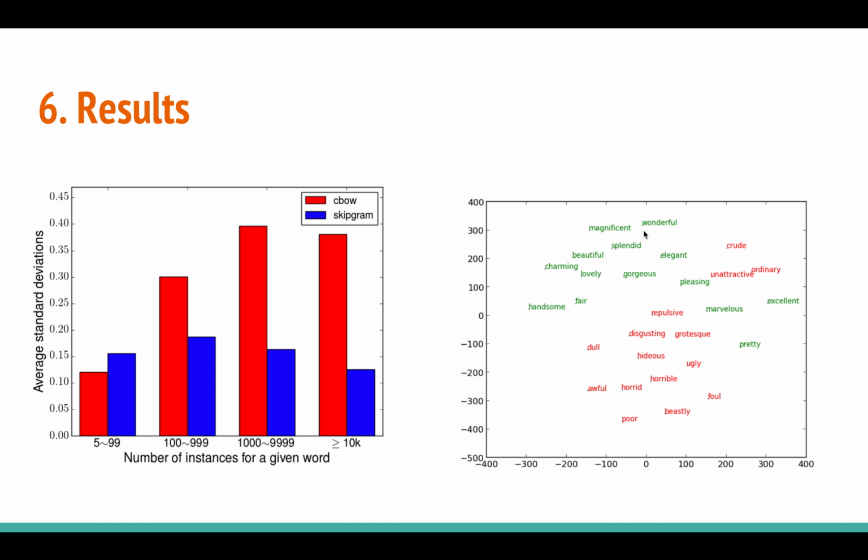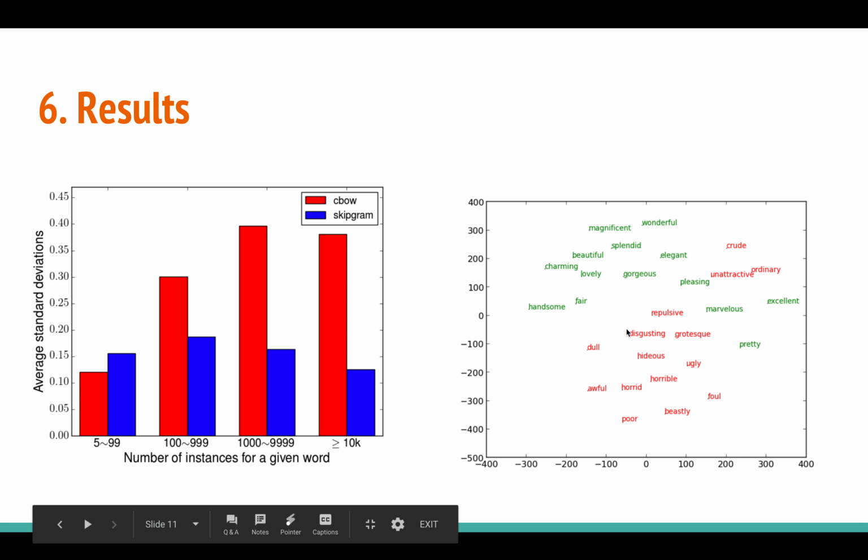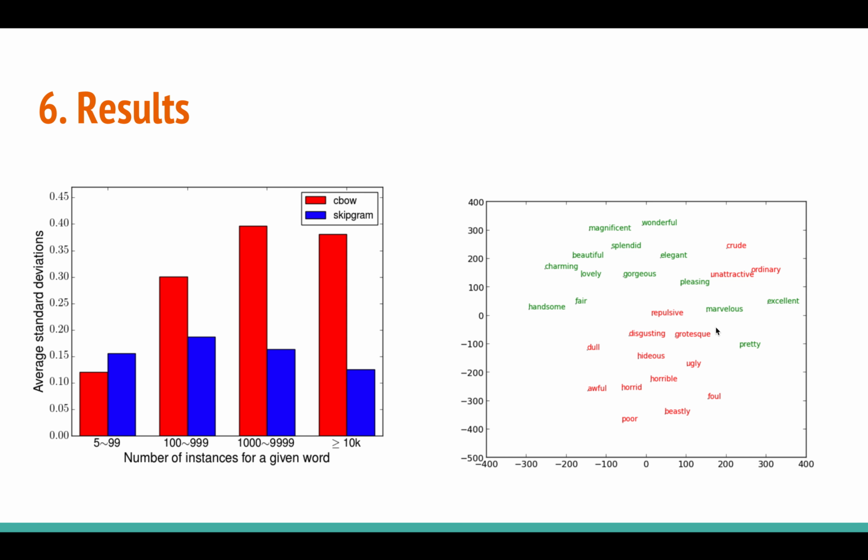The same thing happens in Speech2Vec also, where words like magnificent, wonderful, beautiful, lovely are clustering together, as you can see in the green cluster. And some bad words, like disgusting, ugly, horrible, are clustering together in another cluster. So this is kind of nice, and similar to the Word2Vec model.